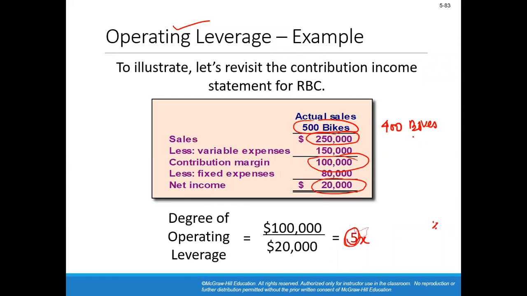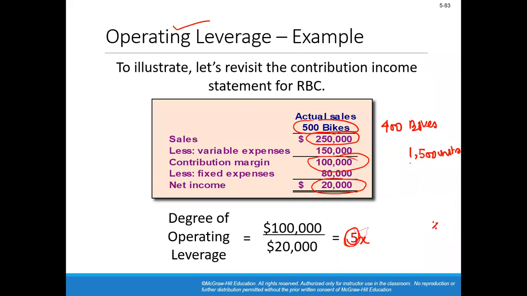Now let's think: if our actual sales is not 500, say it is 1,500 units of sales.